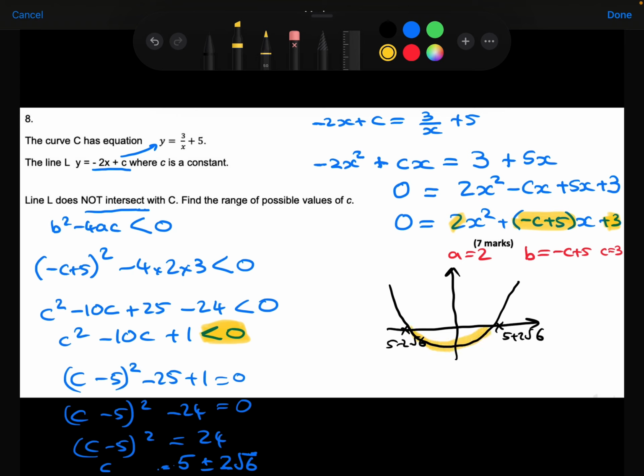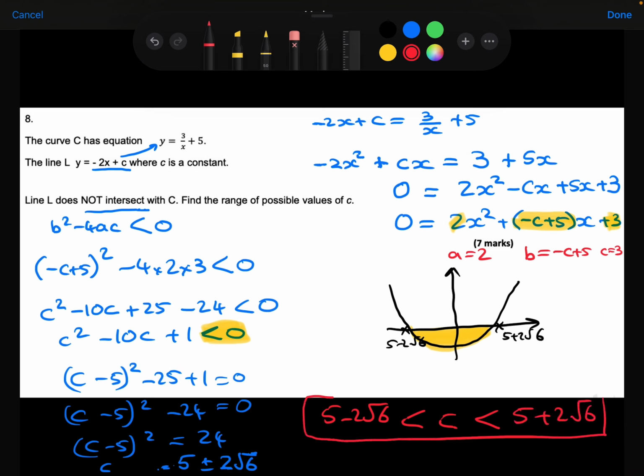It's negative in between 5 minus 2 root 6 and 5 plus 2 root 6. So therefore my answer is that c has to be bigger than 5 minus 2 root 6, but less than 5 plus 2 root 6. If c is between those values, then this straight line will never intersect with that curve.